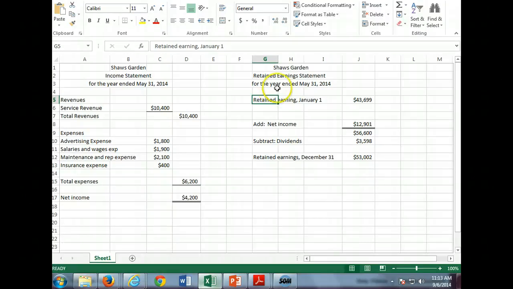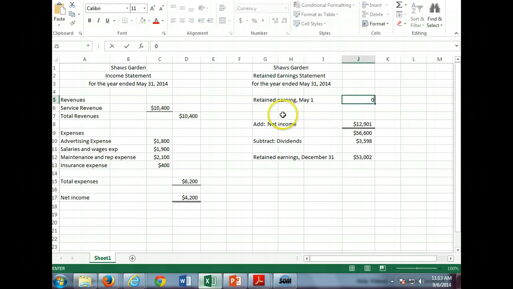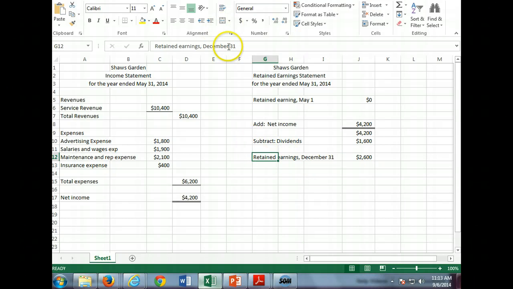So our retained earnings on May 1st started with 0. Then, what did we add? Net income of 4,200, and what about dividends? 1,600. So we have a retained earnings ending balance as of May 31st of 2,600, don't we?